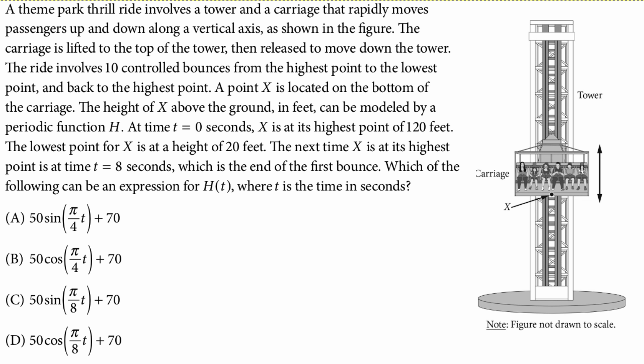The ride involves 10 controlled bounces from the highest point of the tower to the lowest point and back to the highest point. A point X is located at the bottom of the carriage. The height of X above the ground in feet can be modeled by a periodic function h.